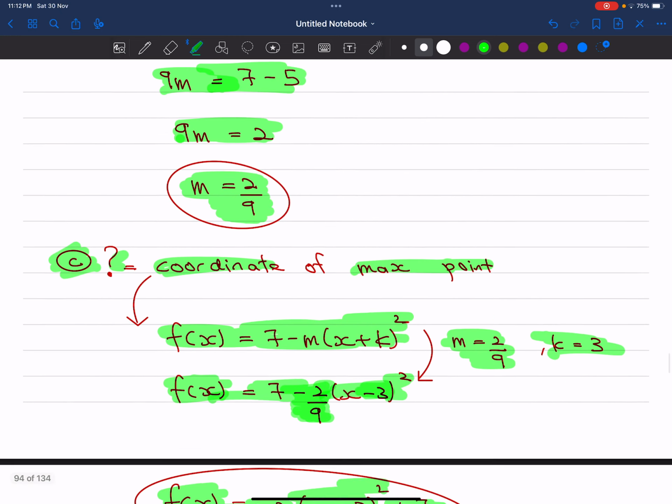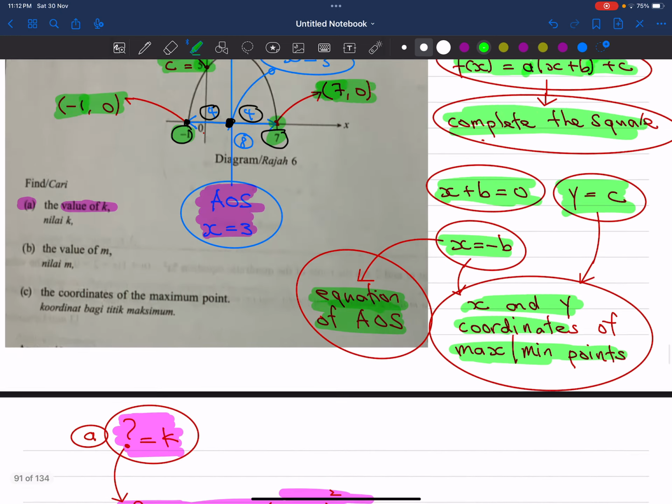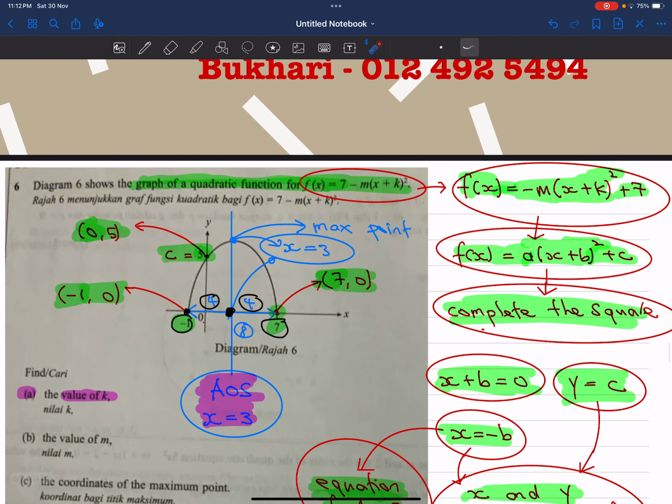Okay? Don't forget, the first step was here. The given equation was f(x) equals a (x plus b) squared plus c. You must realize that the given function is actually complete the square. So you must remember the format of complete the square.